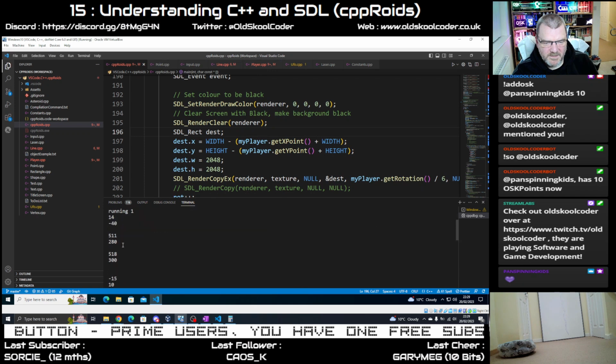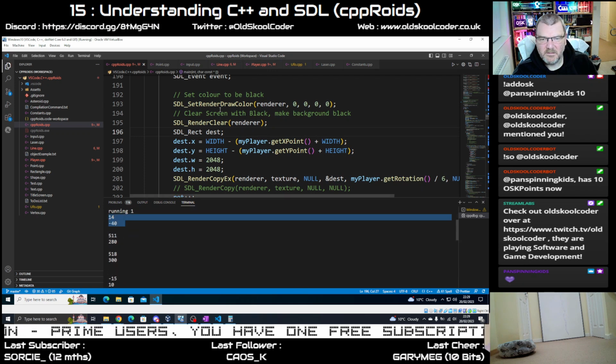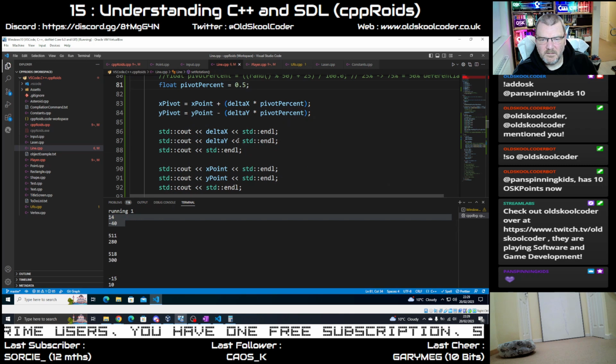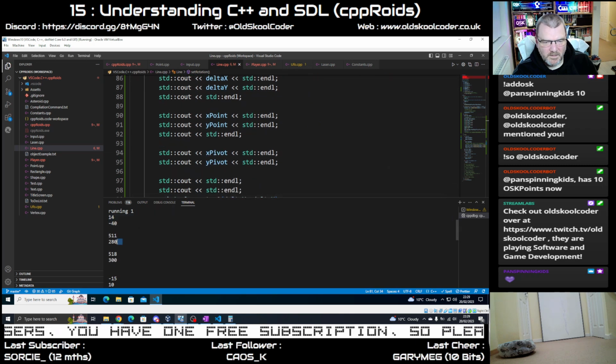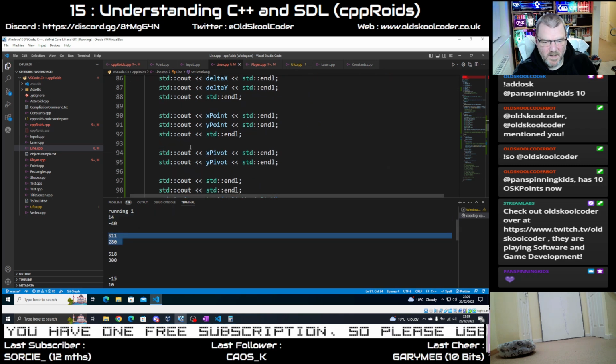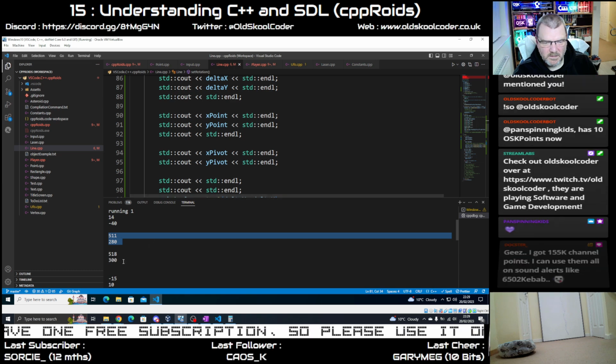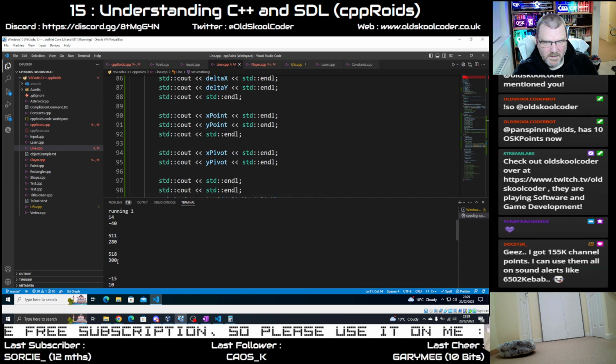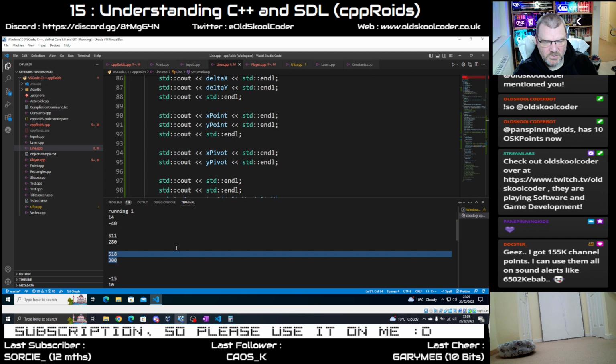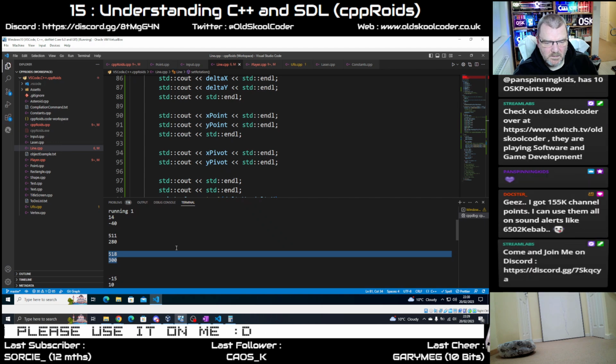Right, so that's our delta. That's our X point and Y point. That's our pivot point, which should be smack in the middle. Oh, it is!